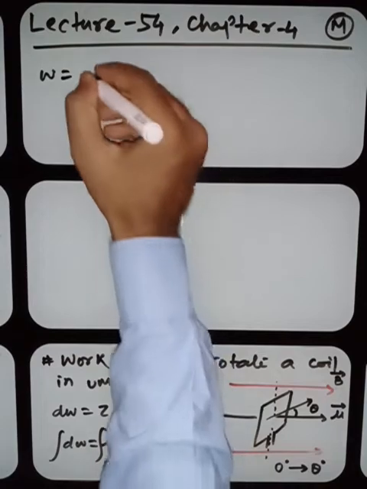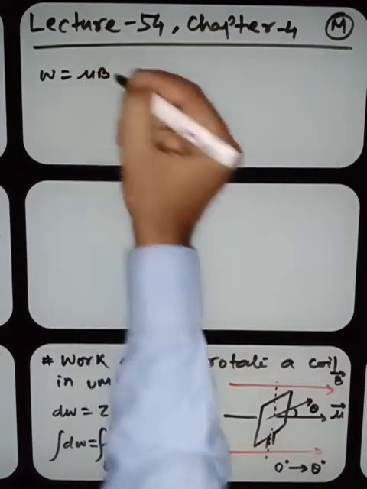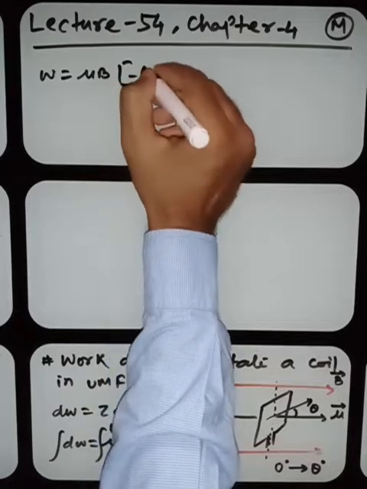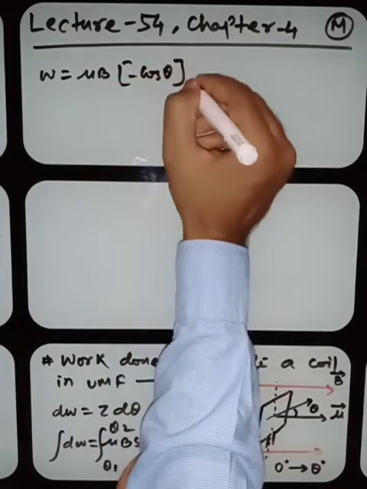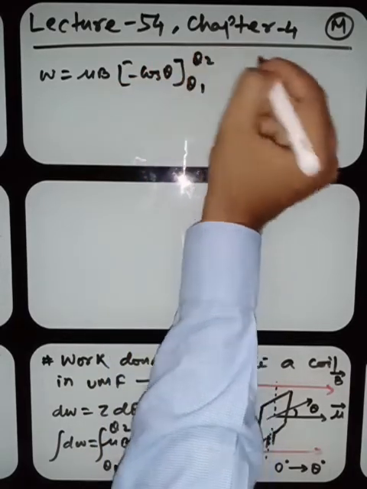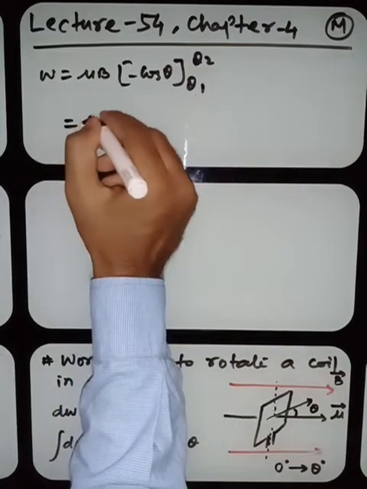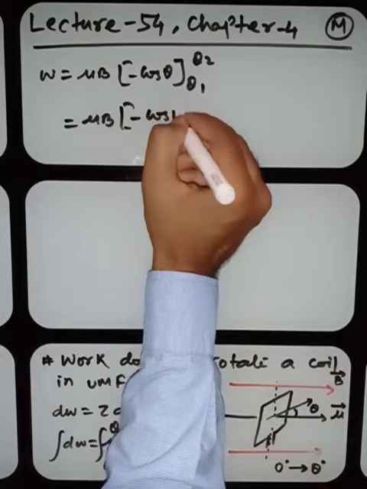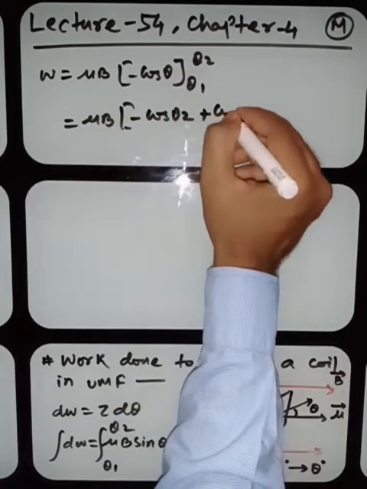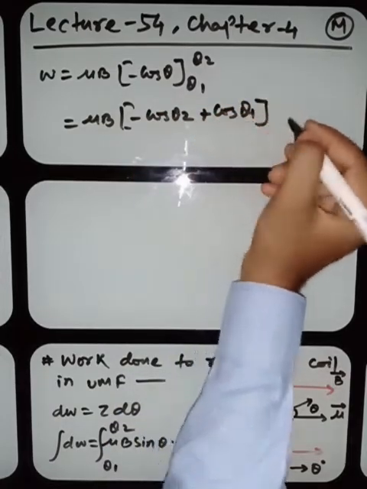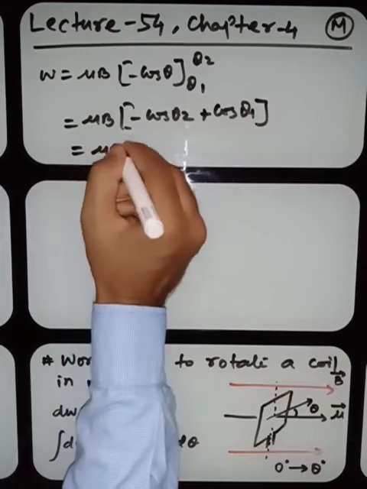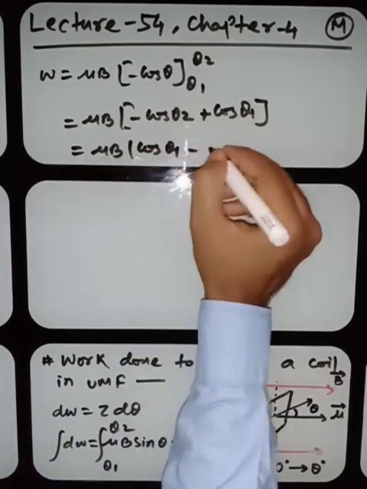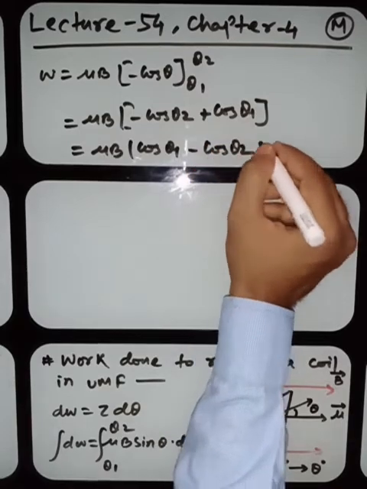Mu B is the constant taken out. Integration of sine theta is minus cos theta from theta 1 to theta 2. So we can write mu B, minus cos theta 2 plus cos theta 1. So it is mu B times cos theta 1 minus cos theta 2.